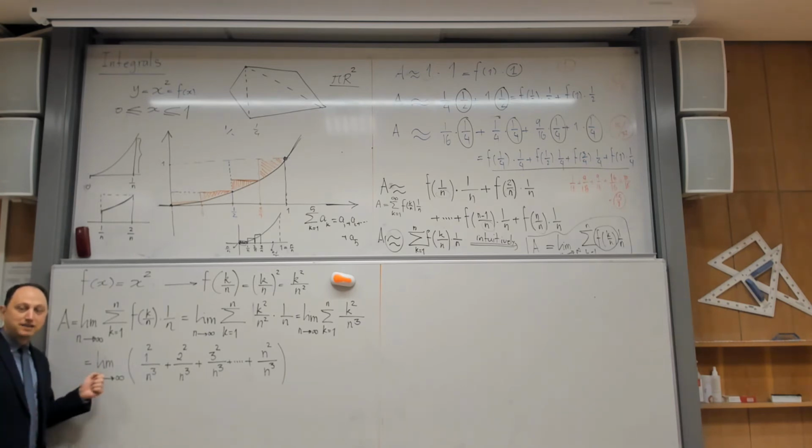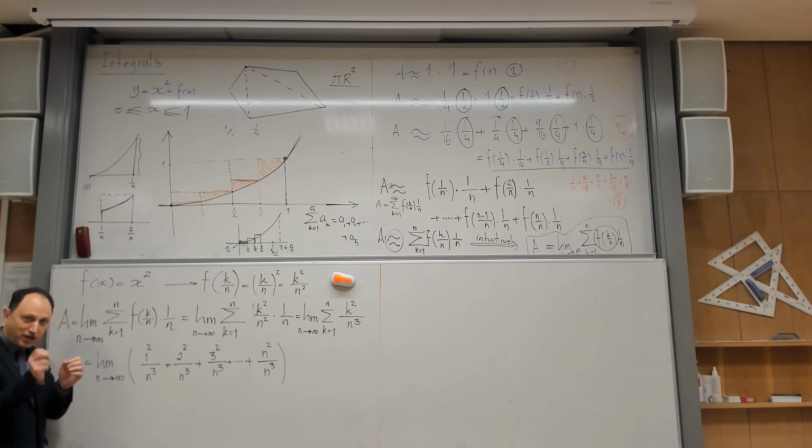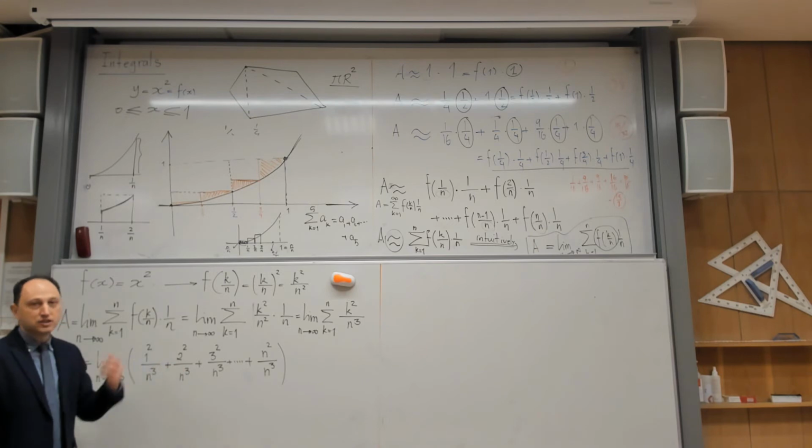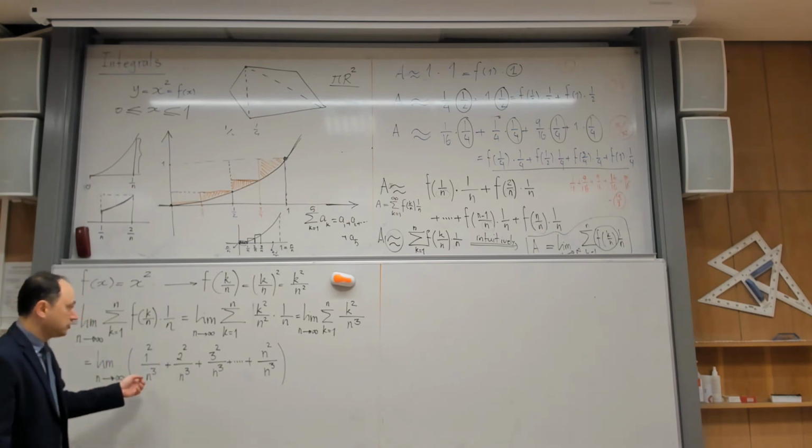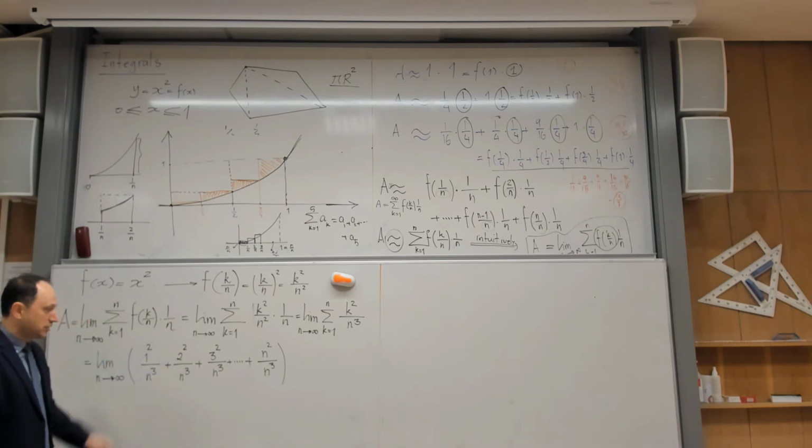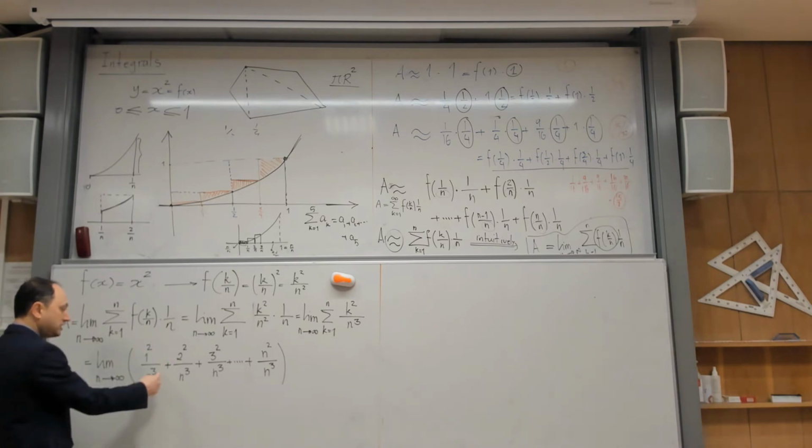Because if you add a bunch of zeros, no matter how many of them you have, the answer will be 0. But if you have a bunch of infinitesimals, little by little you add, then the answer might not be 0. So this number is not 0. The limit of that is 0.